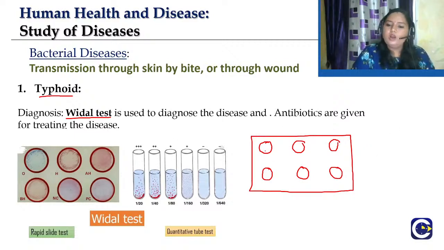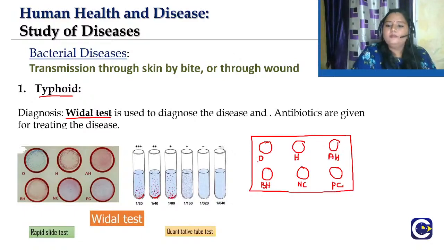Okay, so coming back to this Vidal test, we have 6 circles on this glass slide, and each and every circle is marked with antigen. So they collected the serum of patients and mixed the serum onto these antigens.